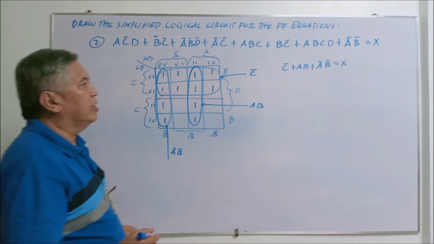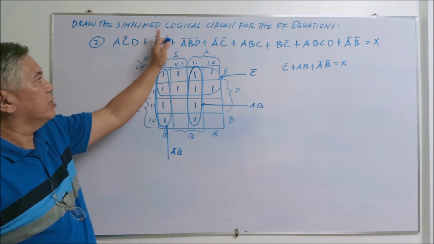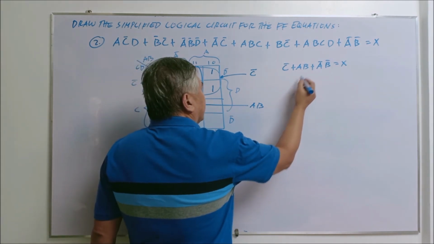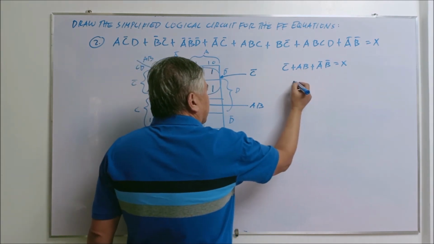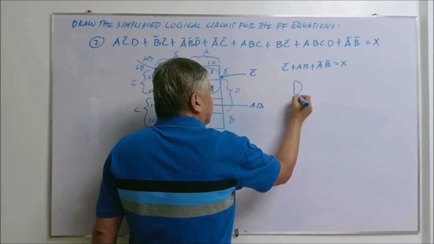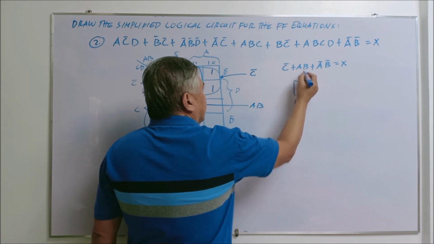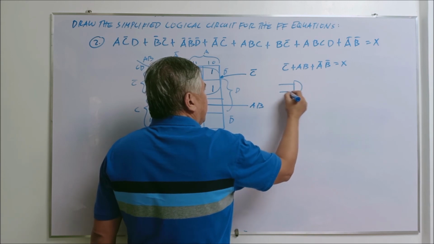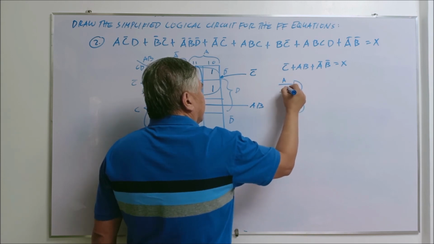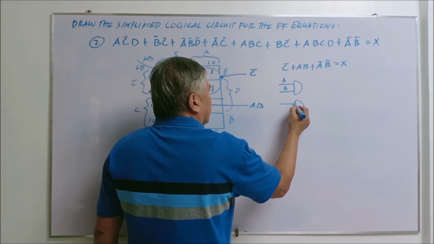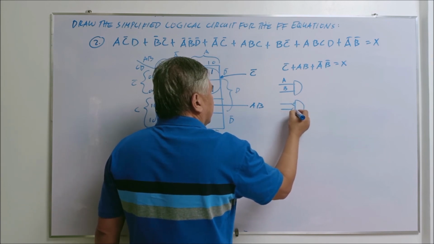If we will draw the simplified logical circuit as required, this will be your simplified logical circuit. We have 2 AND gates. Then, you have A, B, and then you have A bar, and then you have B bar.